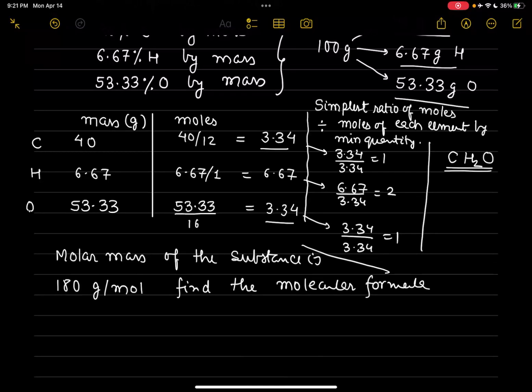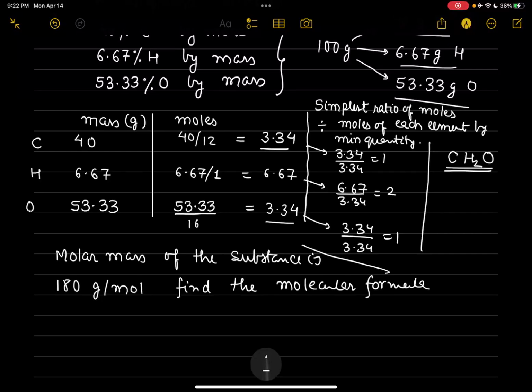You have the empirical formula. So the mass of the empirical formula will be 30, right? 12, 12 plus 2 is 14, and 16, 30. So EF mass 30 into N will be equal to 180.